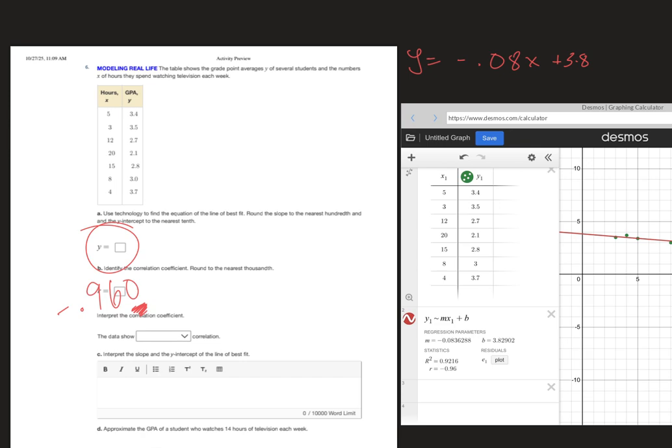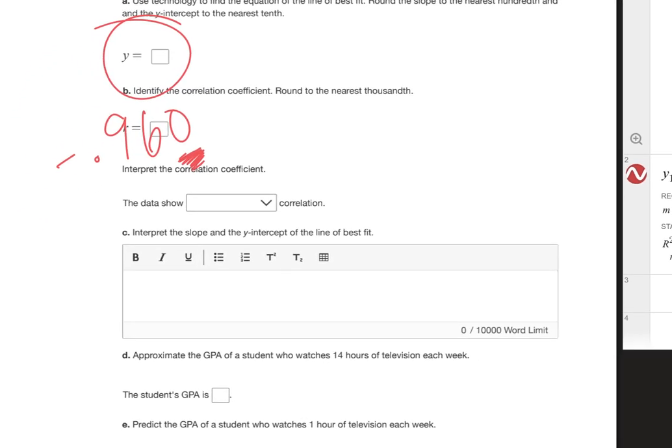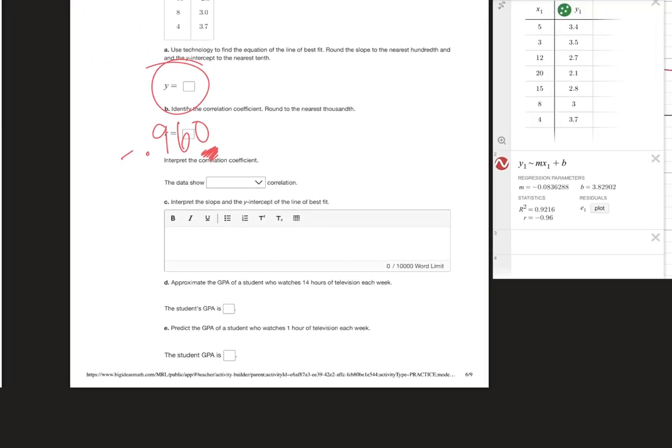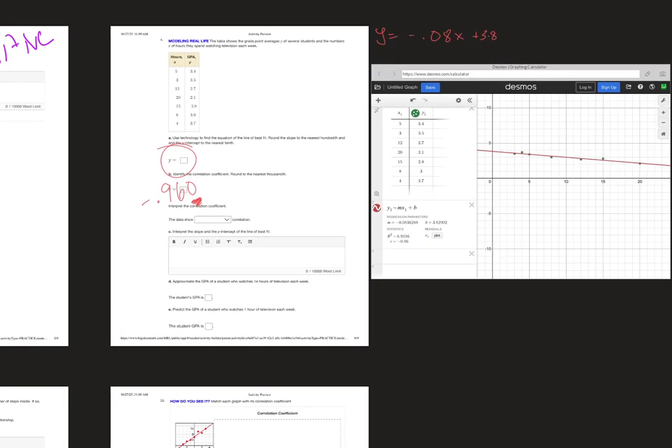Now it says interpret the slope and the y-intercept. Well, let's see. So the slope says that the more TV you watch, the lower your grade is going to be. So more TV hours, lower GPA.